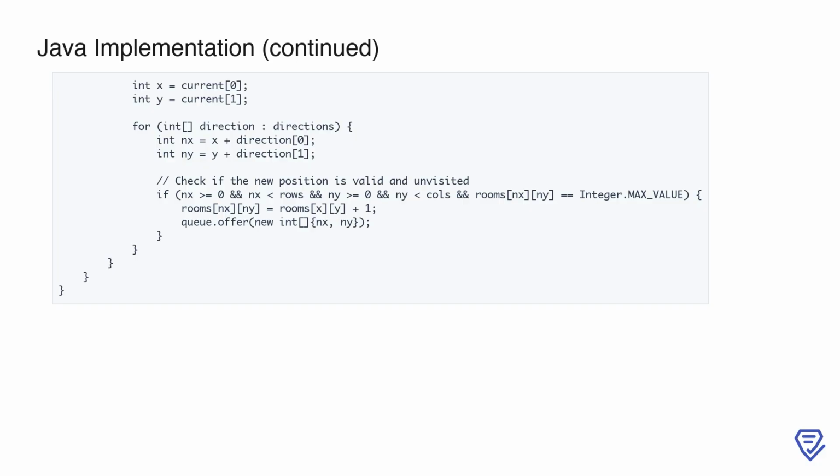If these conditions are met, we update the neighbor's value to be 1 greater than the current cell's value, effectively recording the shortest distance from the nearest gate. Finally, we add this neighbor's coordinates to the queue so that it can be processed in subsequent iterations. This process continues until all reachable rooms have been updated with their distances from the nearest gate.